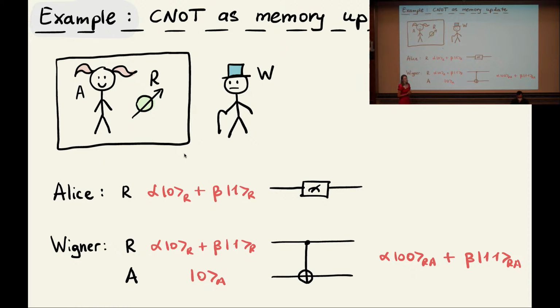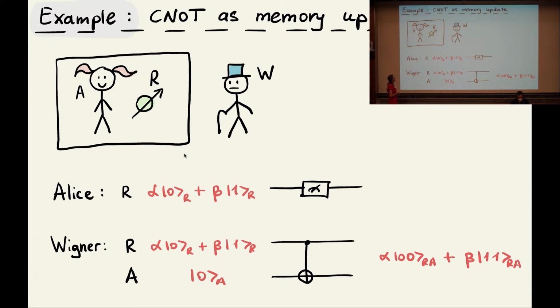In this context, it's good to look at the first thought experiment in quantum mechanics, which is called Wigner's friend. We have Alice in her lab, who has a qubit R. And outside the lab, we have another agent, Wigner.